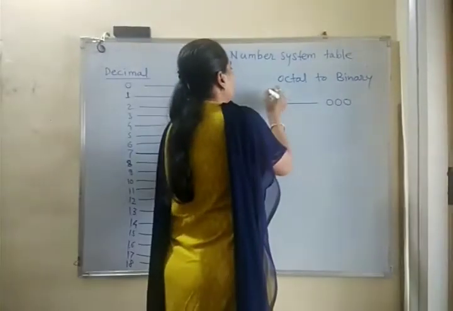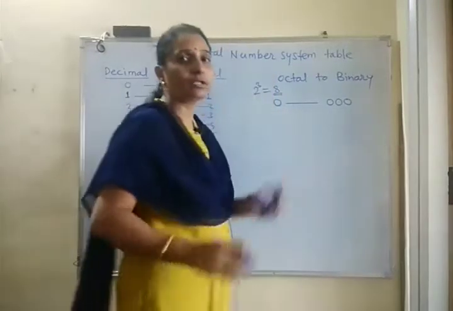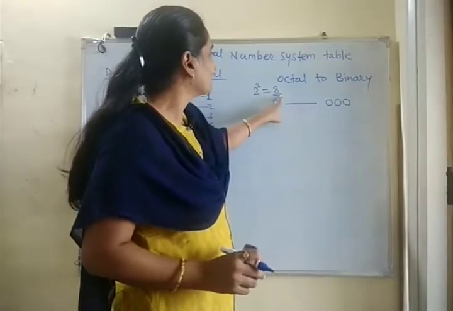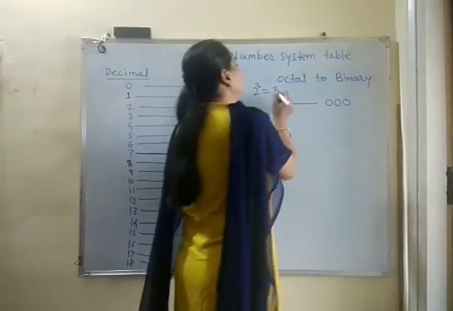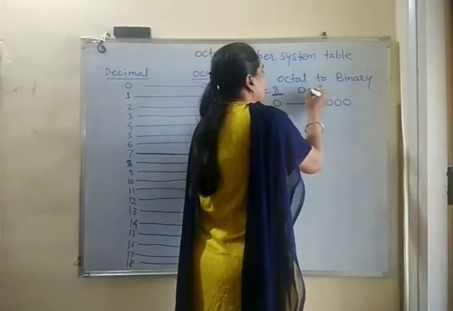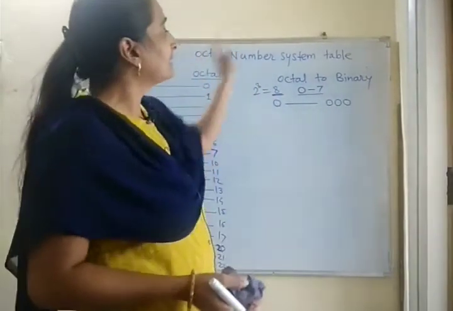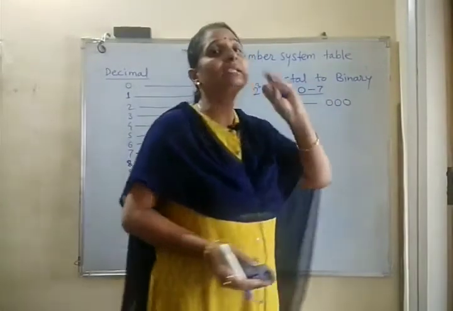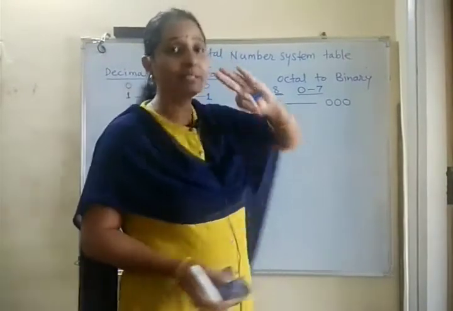Because 2 raised to the power 3 means 8, which represents the base of the octal number system. These 8 numbers, 0 to 7, are represented in binary, and to represent them we require only 3 bits. 2 raised to the power 3, 3 indicates 3 bits.